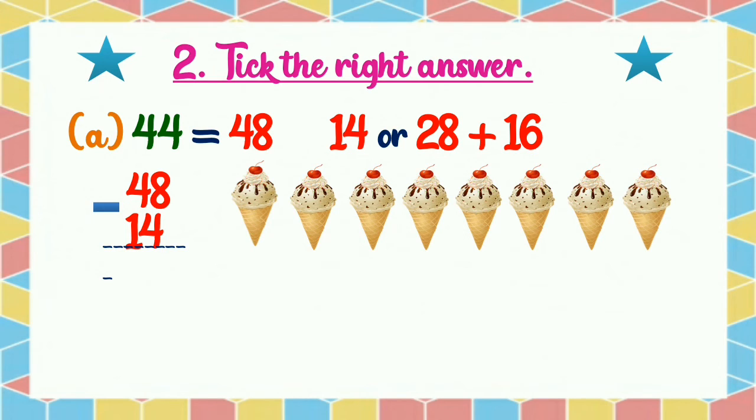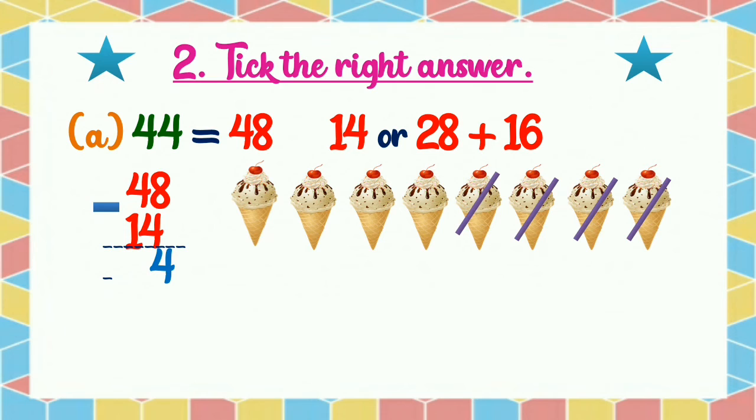Now we cut 4 ice cream cones, means 8 minus 4: 1, 2, 3 and 4.